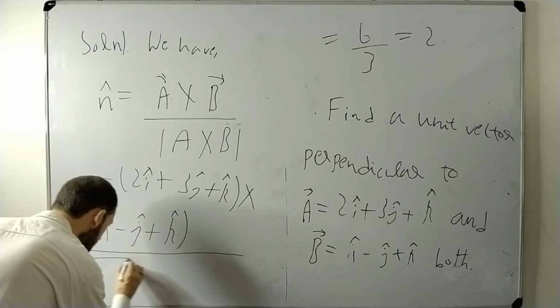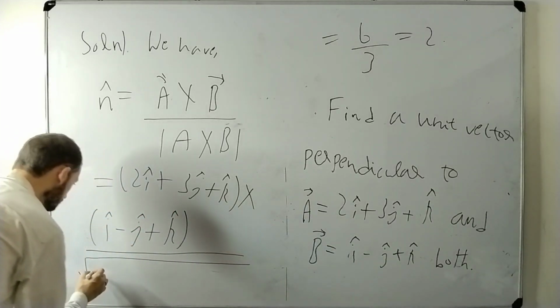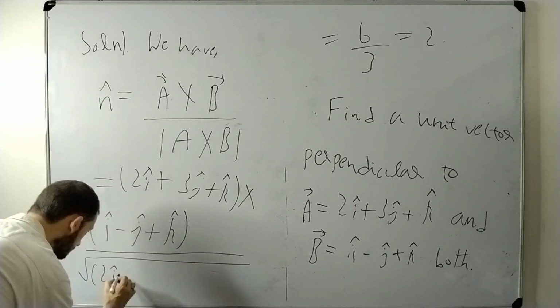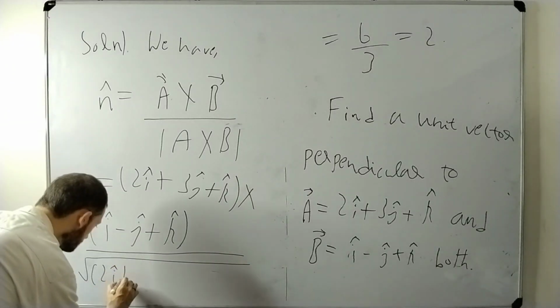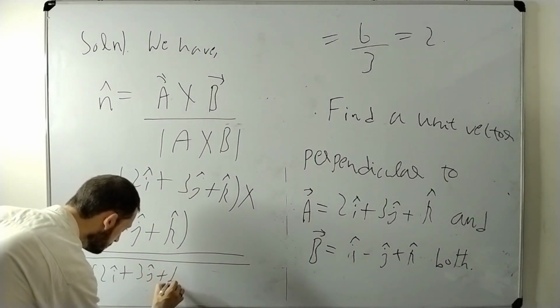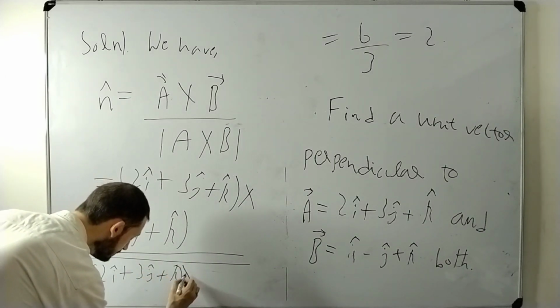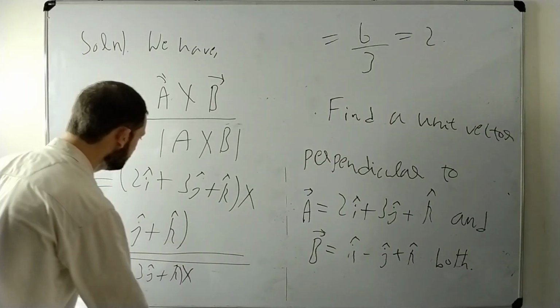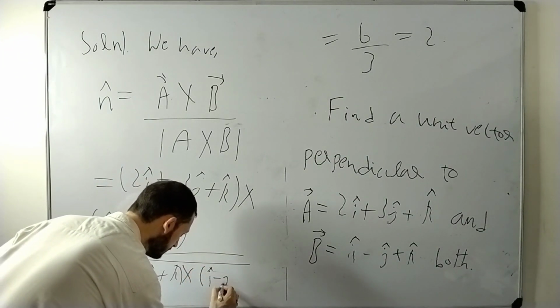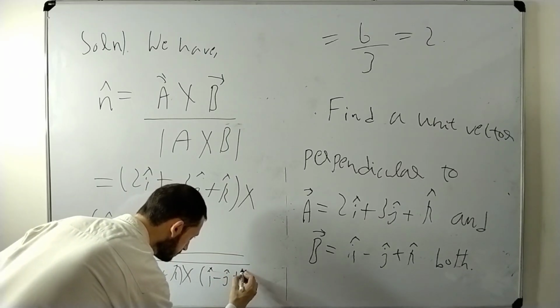So 2i cap plus 3j cap plus k cap, cross, and you again write i cap minus j cap plus k cap.